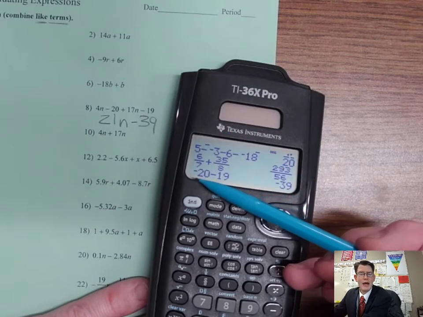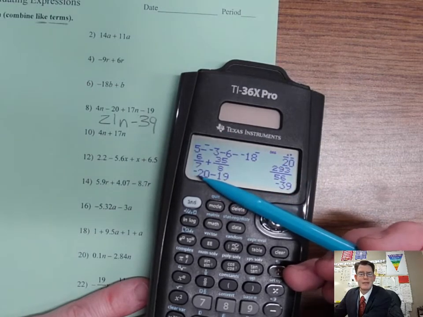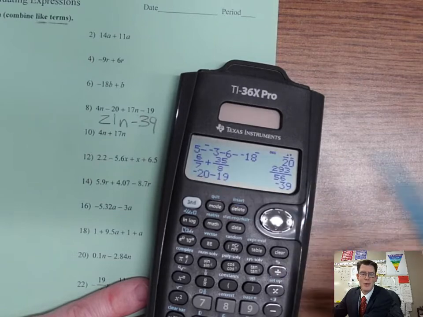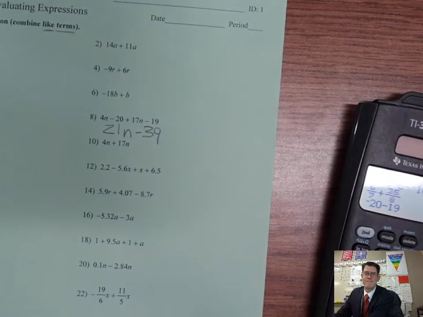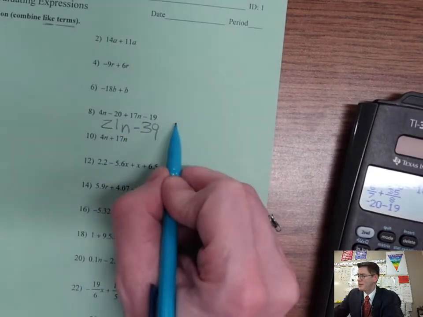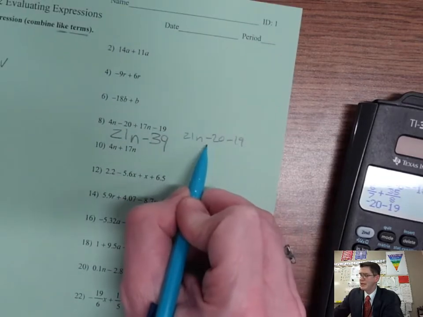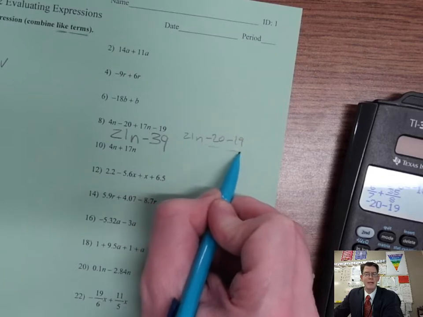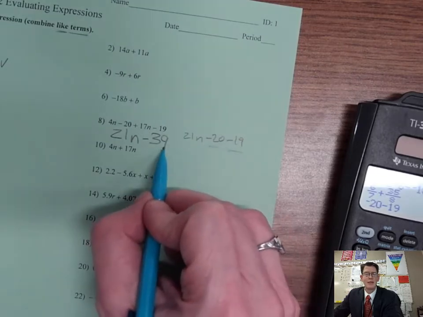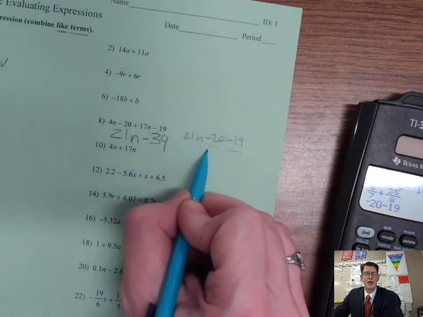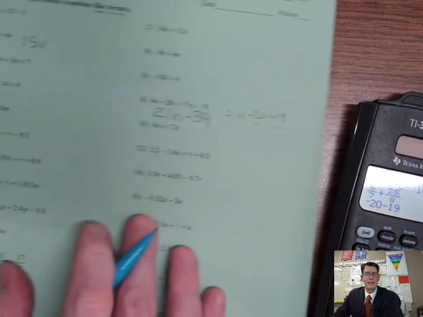The calculator doesn't like you starting with a minus operation, so that's why we put the negative on there. From yesterday, another way to look at it is 21n, then minus 20 and minus 19. If you minus 20 and minus 19, you're minusing 39, because you're starting at negative 20 and going down 19.